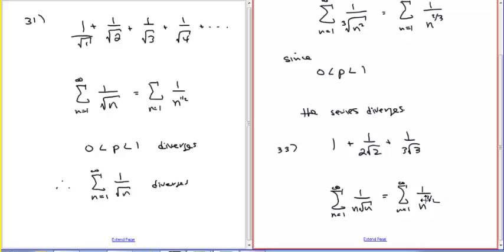In the case there, p is greater than 1. So because p is greater than 1, this one actually converges. So I just wanted to show you a case where we had the two problems I gave to you, which both of them diverged. But in this case, when I rewrote this expression, it became a positive exponent that is greater than 1. In that case, the rule says it converges.